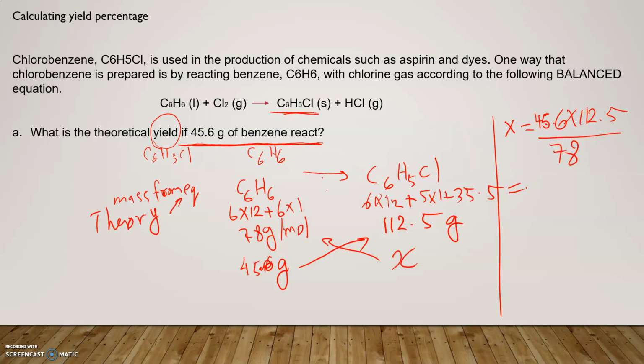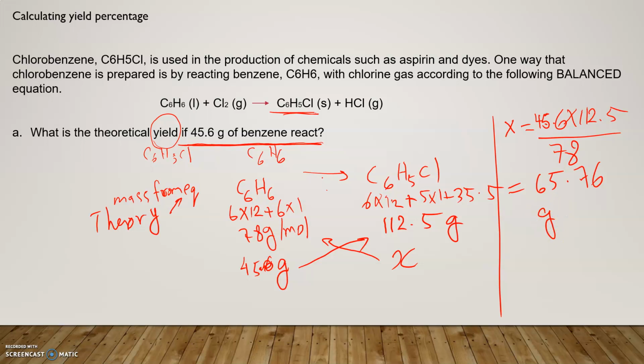Now let's calculate that: 45.6 times 112.5 divided by 78. So actually it's 65.76 grams.